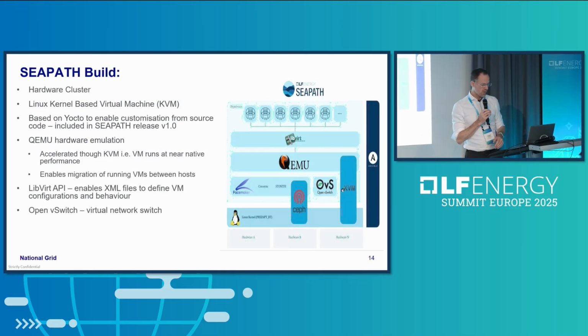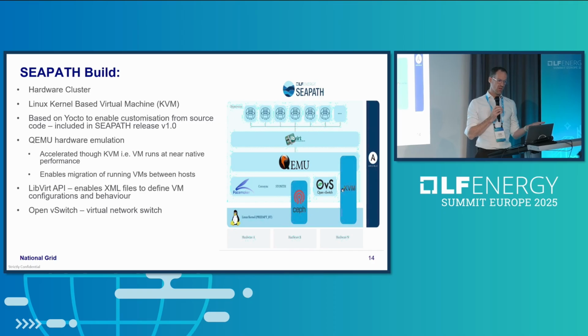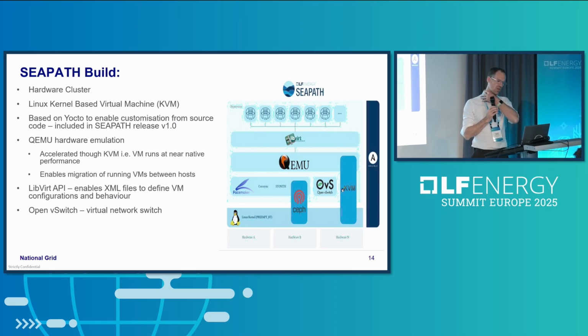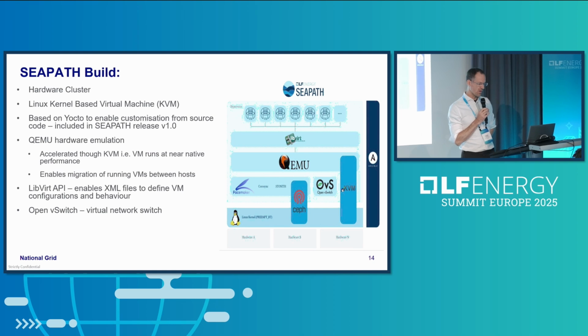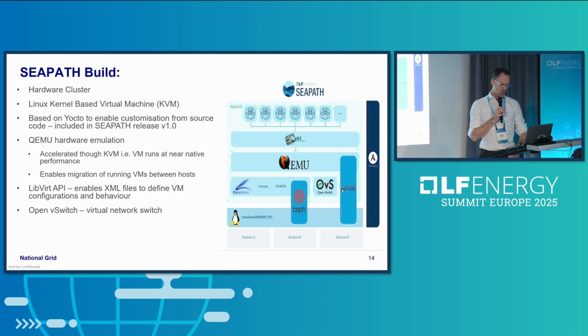This looks familiar from the earlier presentation. So we went with the standard Seapath build. We've got a hardware cluster, 3 machines, a KVM Yocto on top of that with a QEMU for hardware emulation. All these components look very familiar and are identical to what you've seen earlier.